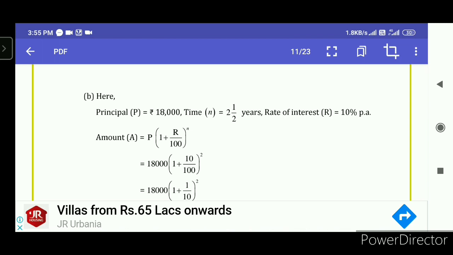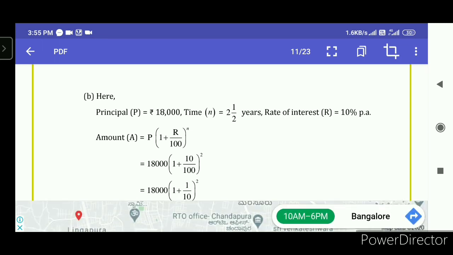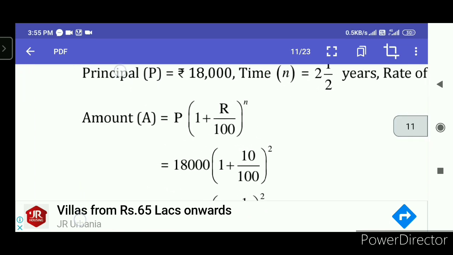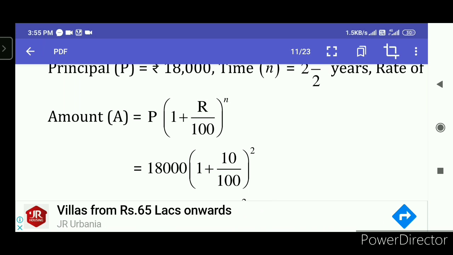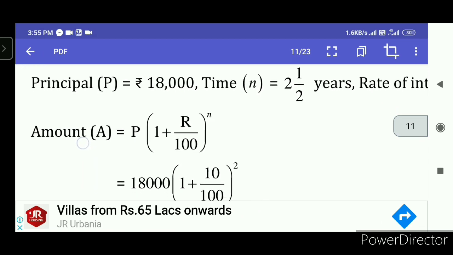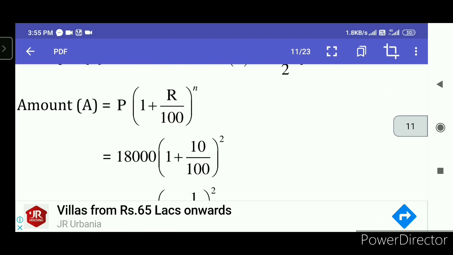Second part of the question. Principal is 18,000 rupees, time 2.5 years, rate of interest 10% per annum. It is also compounded annually. So we write this formula: principal into 1 plus R by 100 whole to the power n, and substitute. Principal 18,000 into 1 plus R, 10 by 100, whole to the power 2.